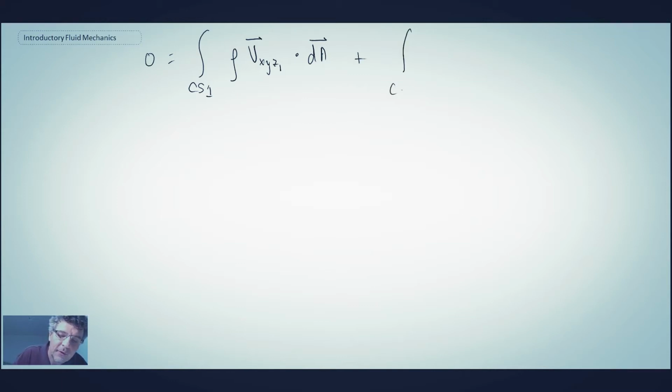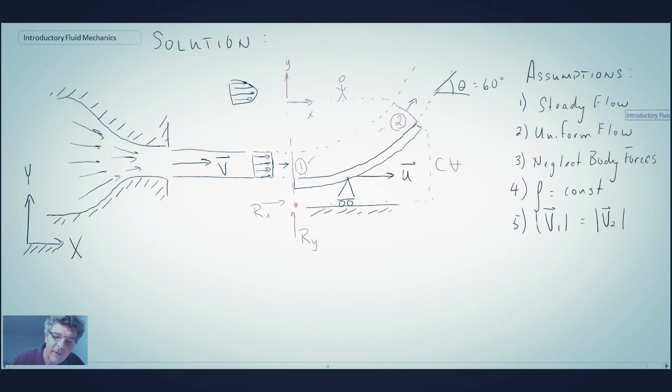And then for control surface 2, we have that. Now, writing out the velocity vector at control surface 1, remember we have to deal with velocity with respect to the control volume.